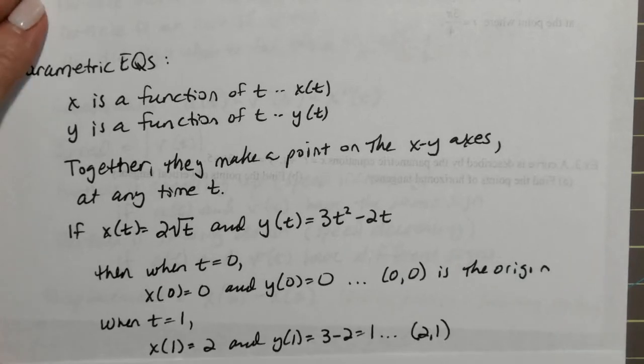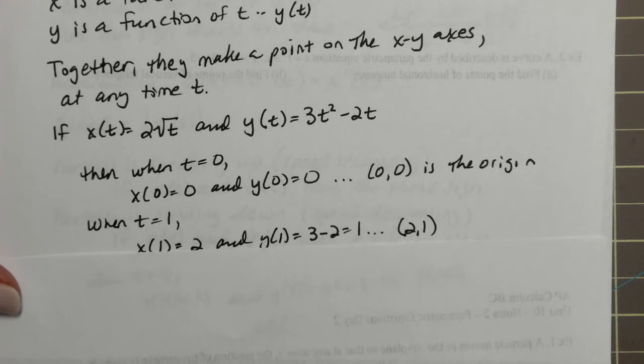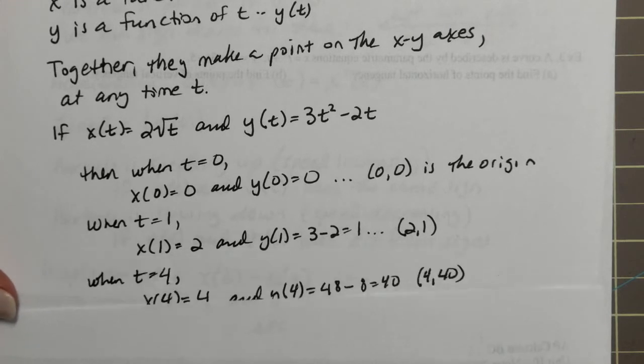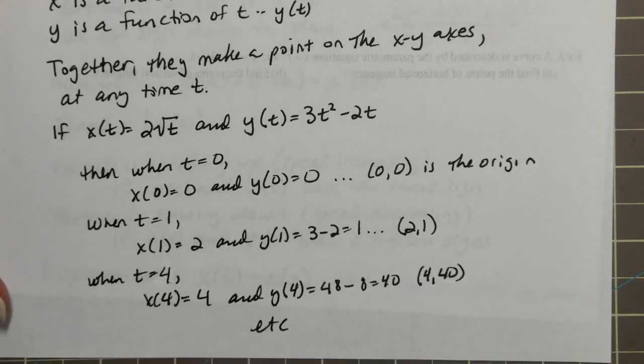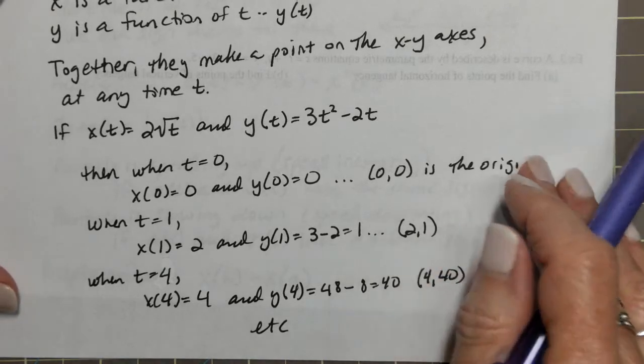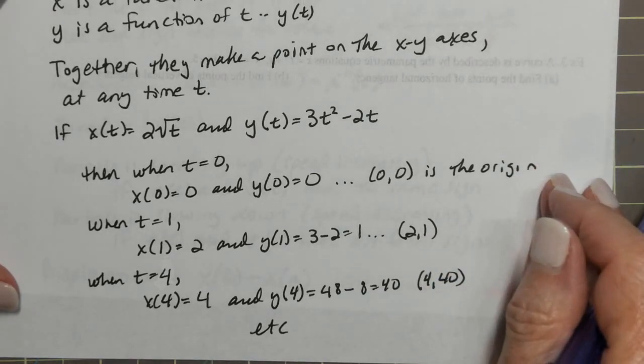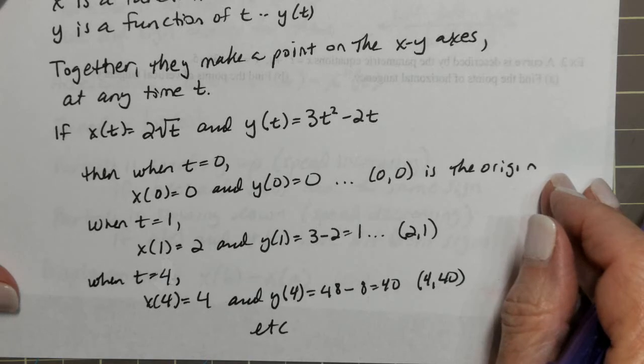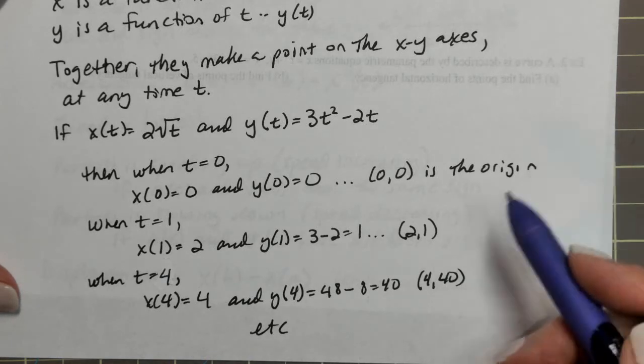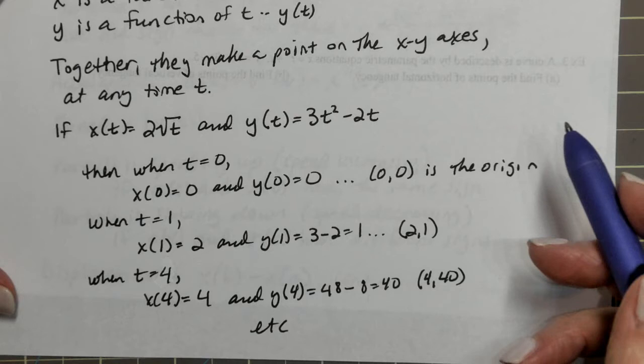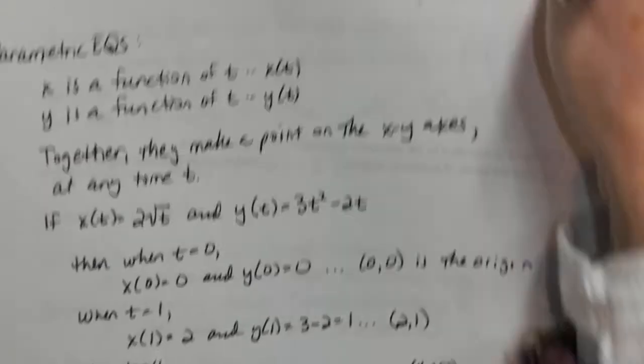When time is 1, we can get another location of that particle. And when time is anything, we can get the location of the particle. So x and y together make a point on the xy axes, the coordinate system, and it describes the motion at any time t.